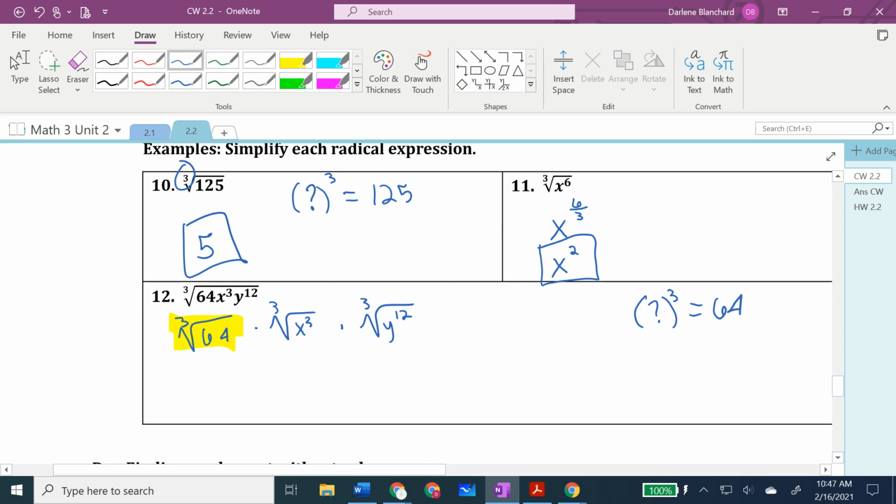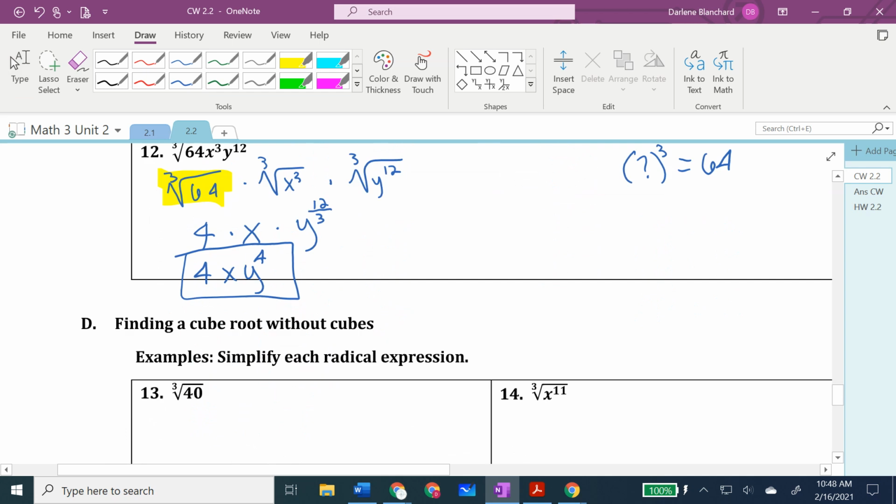And you have a calculator to help you out with that. Then, if the power matches the index, they're just inverses. And then, if you write the fractional exponent, 12 over the index, you end up getting 4 times x times y to the 12 divided by 3, which is y to the 4th. So that's if everything comes out perfect.